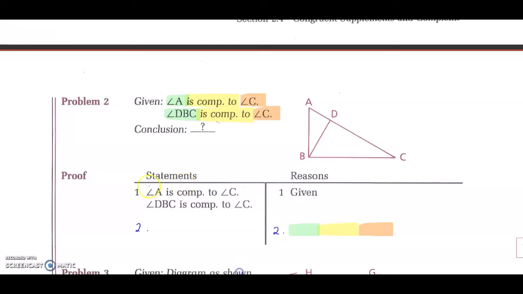Trying to line that up vertically as well as horizontally. Angles that are complementary to the same angle implies congruent angles. So that would mean angle A is congruent to angle DBC.